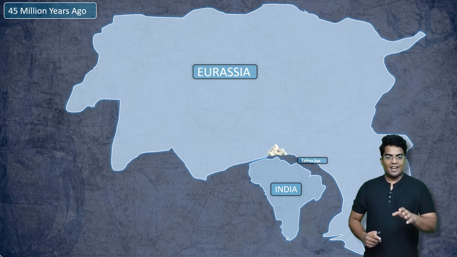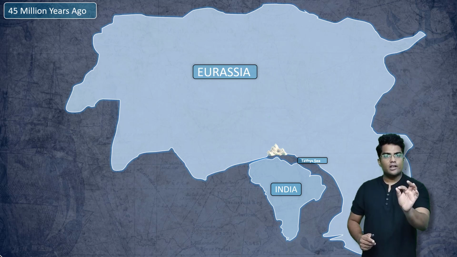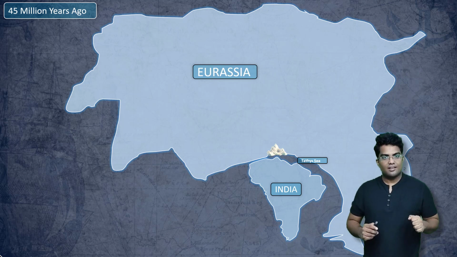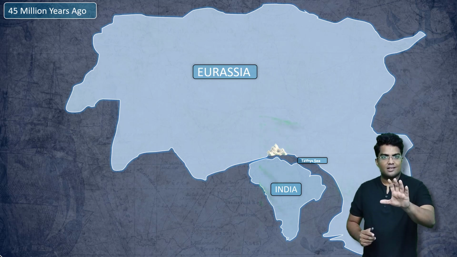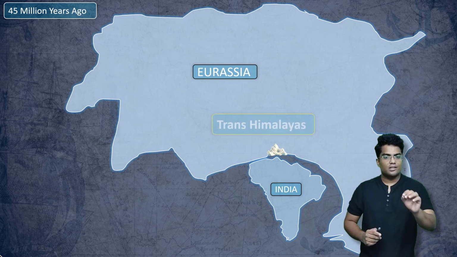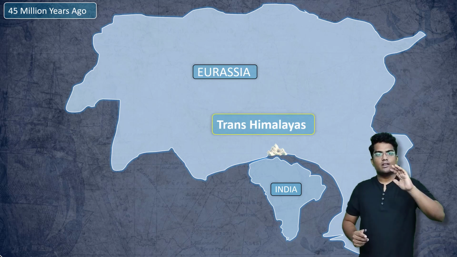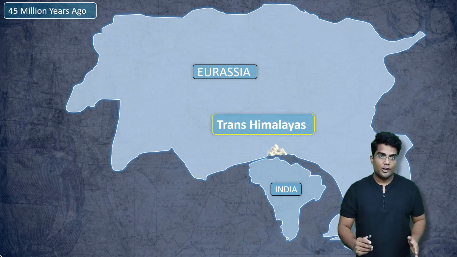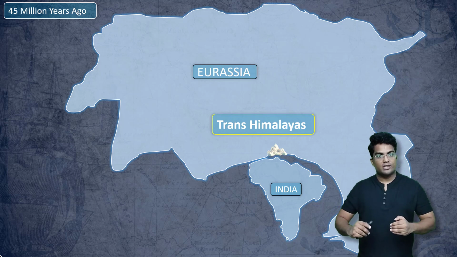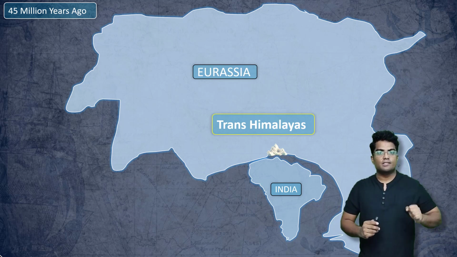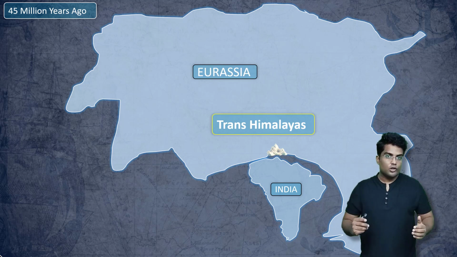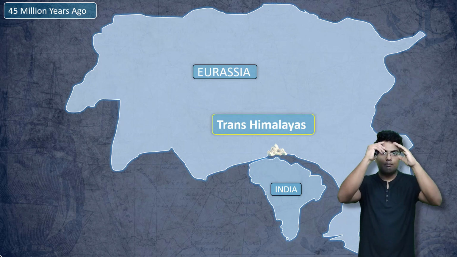As you can see, there is already a mountain present in Eurasia, and this region is known as the Trans-Himalaya.